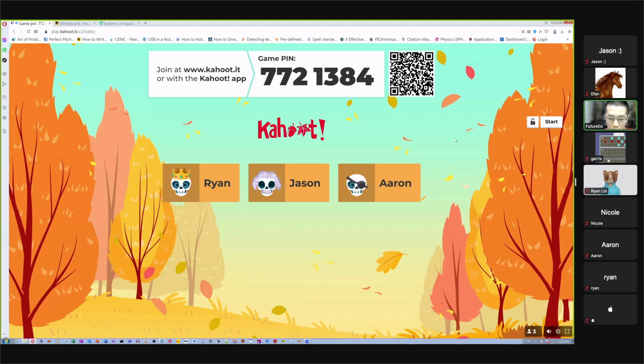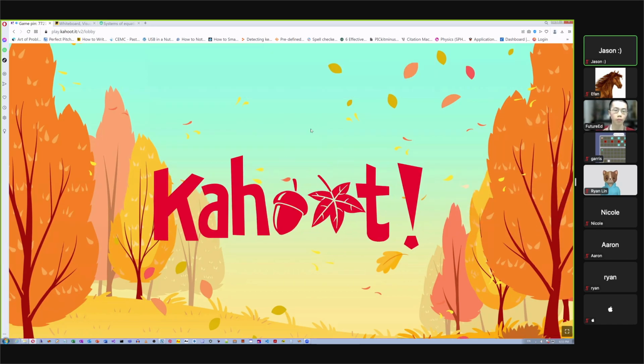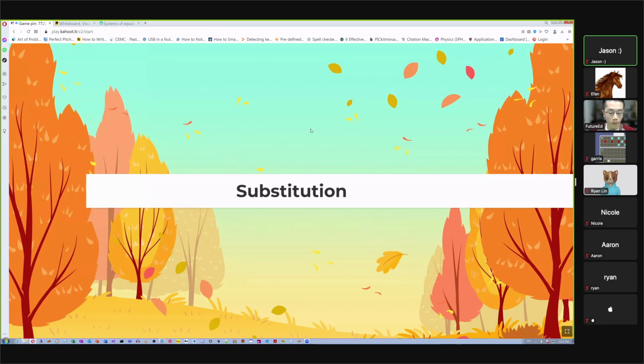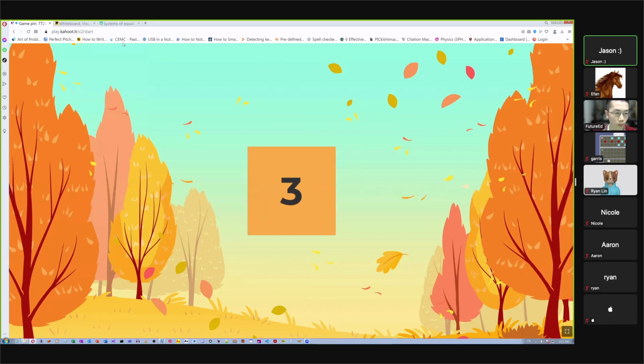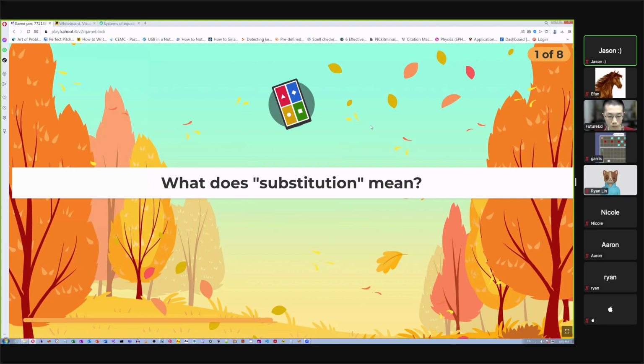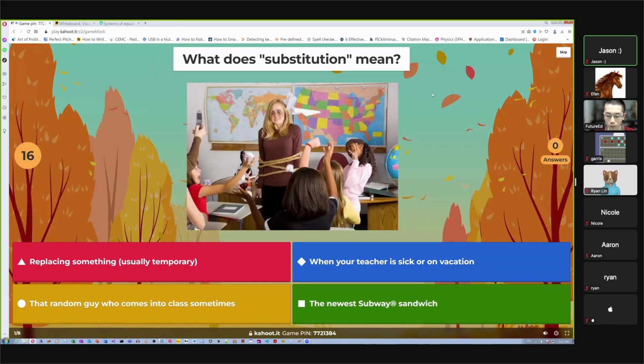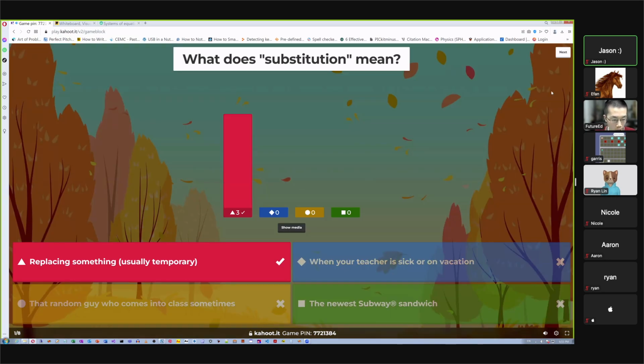Okay, I guess we have 3 skeletons in the game today. Skeleton crew. Shall we begin? Okay, Ryan, if you're done with all the costumes, we are all starting.